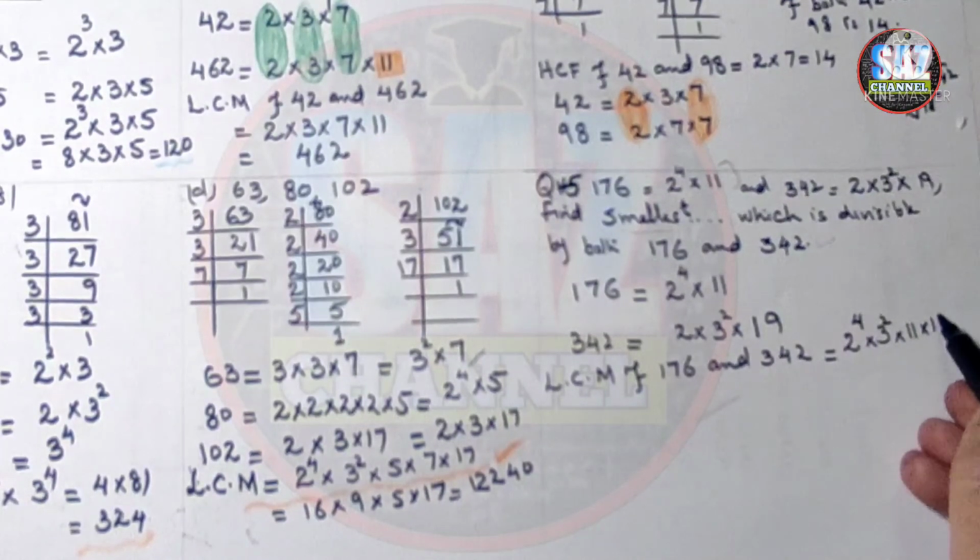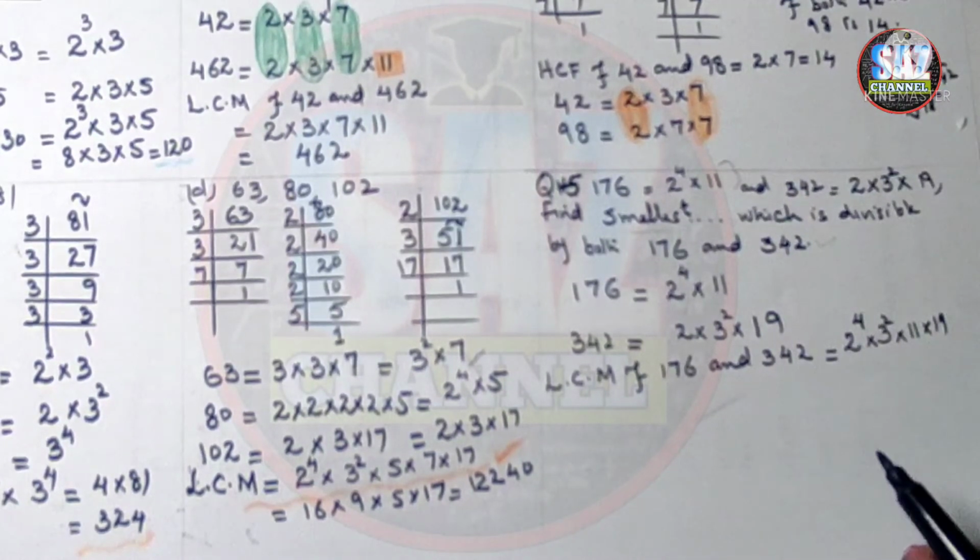And 19. Okay, again quite a large number. When you get such a question in your O-level examination, your numbers will not be too large. Also, as the question is given with index notation, preferably give your answer with index notation.